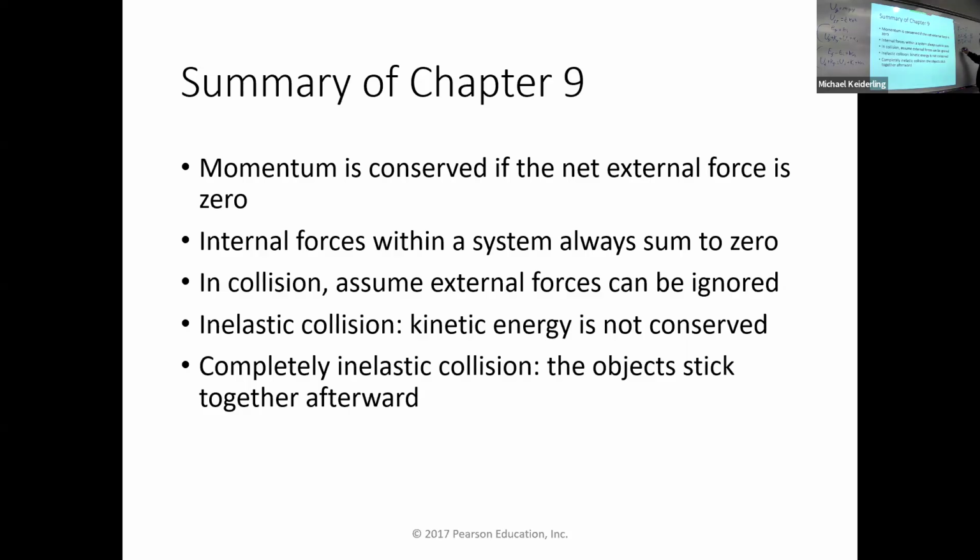For a completely inelastic collision between two objects, you have mass 1, velocity 1 initial, plus mass 2, velocity 2 initial, equals mass 1 plus mass 2 times v final.